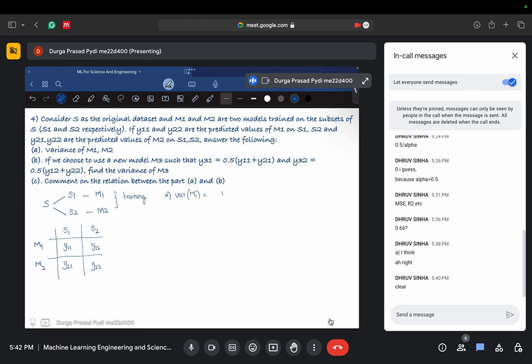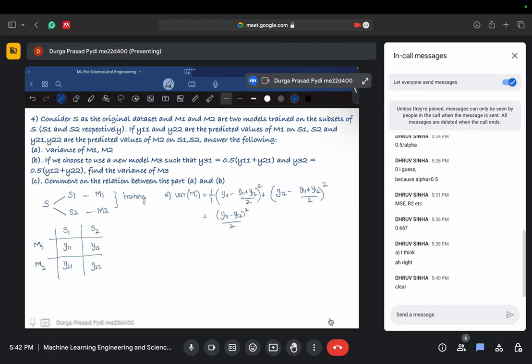So it will go something like Y11 minus (Y11 + Y12)/2, and then Y12 minus the mean of them, all divided by n minus 1. You have just 2 points, so that will be 1. So this value will give you (Y11 − Y12) whole square by 2. So this is straightforward. I don't think this needs any explanation.